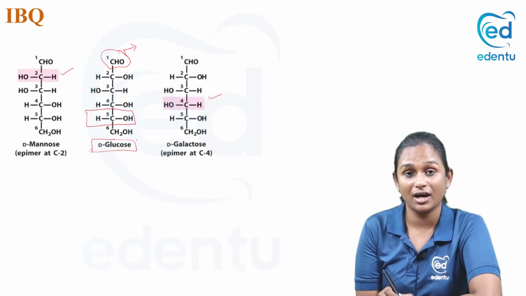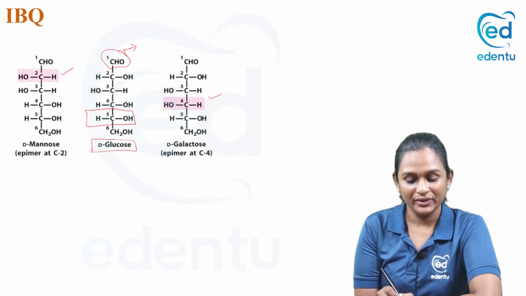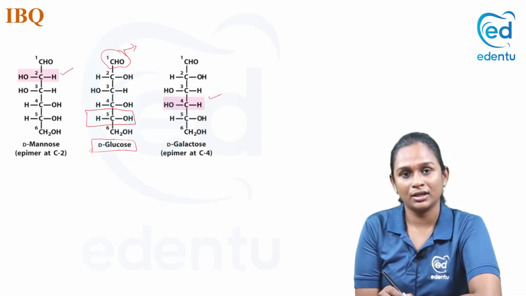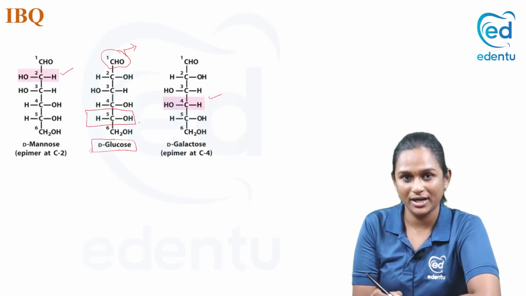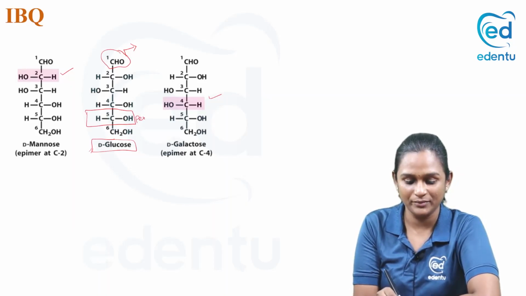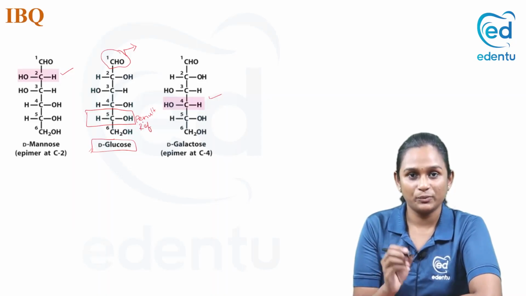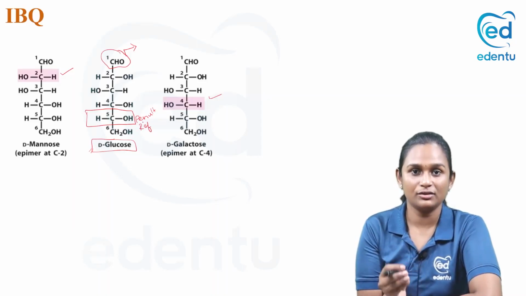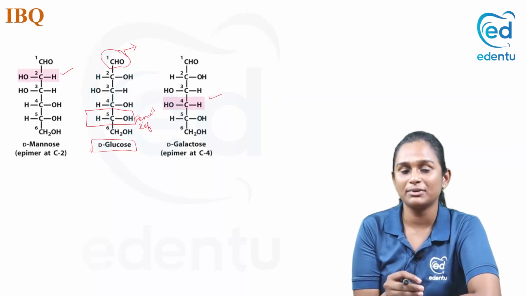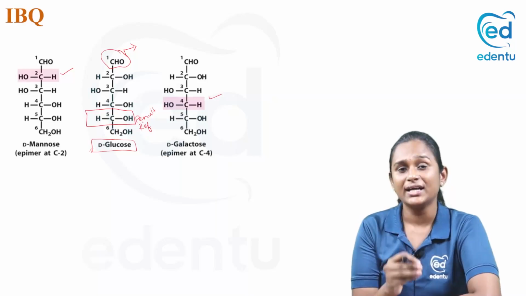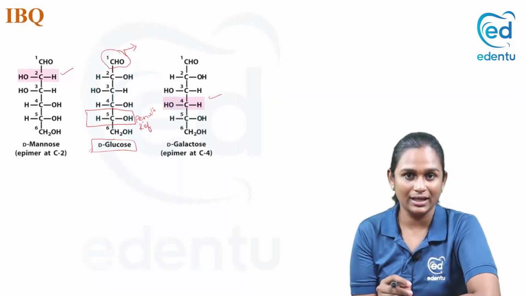We know the sixth carbon is the last carbon. The carbon which is just above the last carbon atom is called the penultimate carbon atom or reference carbon atom. When there is a difference in the orientation of the hydroxyl group with respect to this penultimate or reference carbon atom, it will result in D and L isomers.